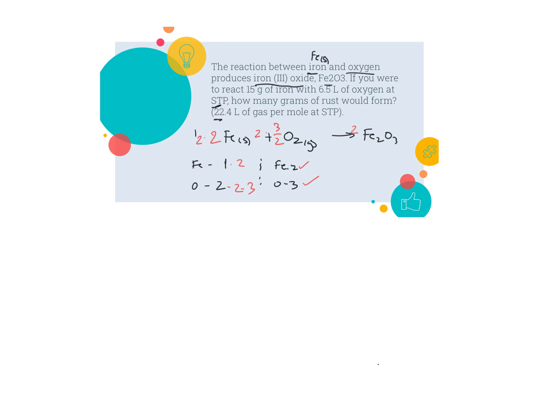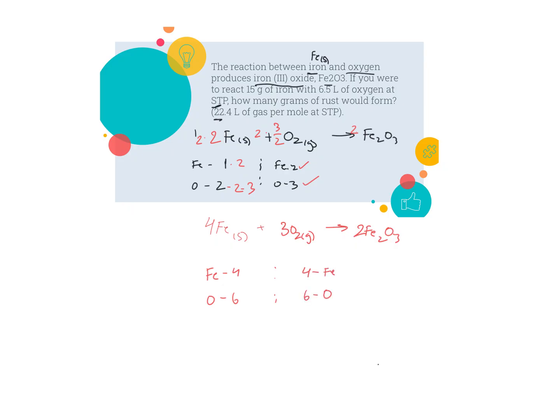And so what this would end up being is 4 Fe solid plus 3 O2 gas makes 2 Fe2O3. And so now if I do the calculations, I should have 4 irons and 6 oxygens on this side. And on this side, I should have 4 irons and 6 oxygens on that side.